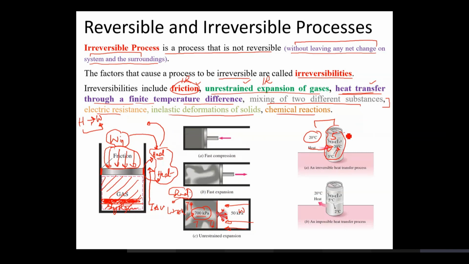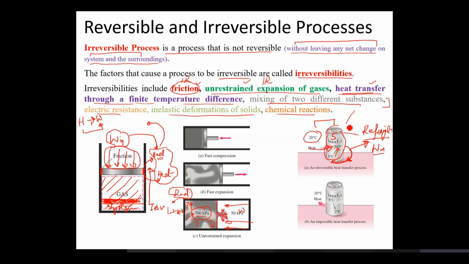Now it is exactly possible that you bring the soda can back to 5 degrees centigrade from 20 degrees centigrade. Your system could come back to its original position, but in order to do so, you have to do the refrigeration process. When you do the refrigeration process, certain work input is involved.